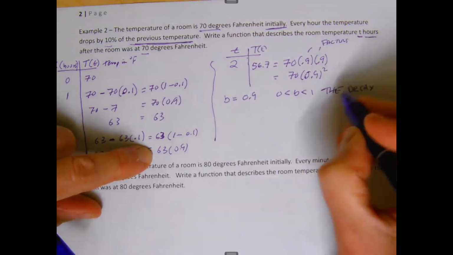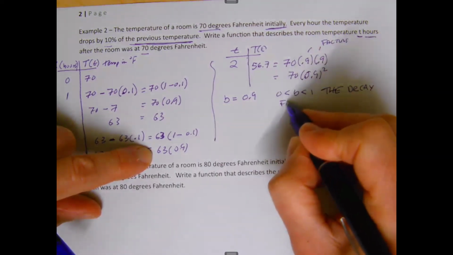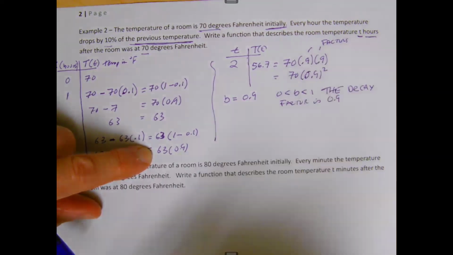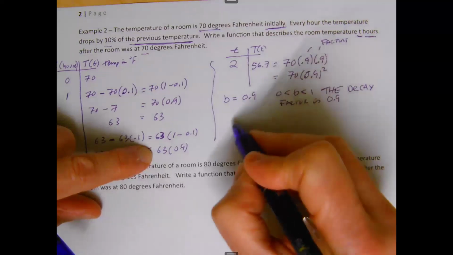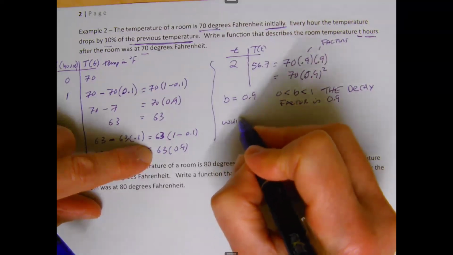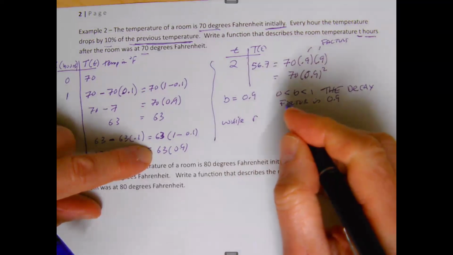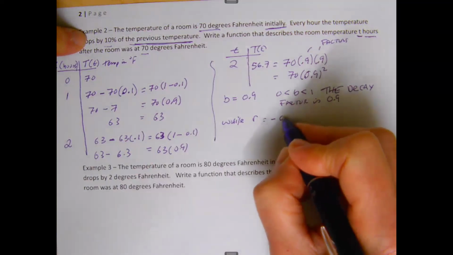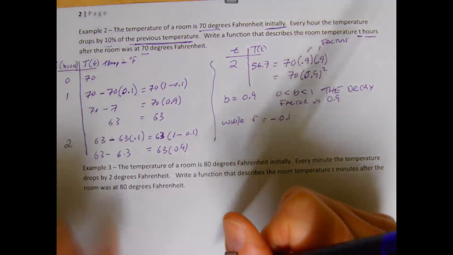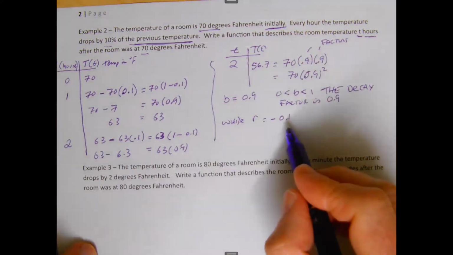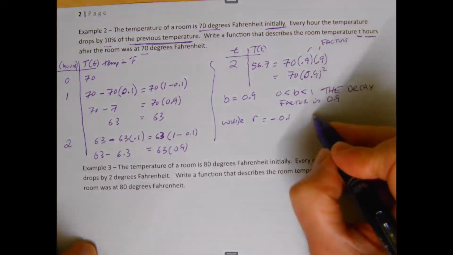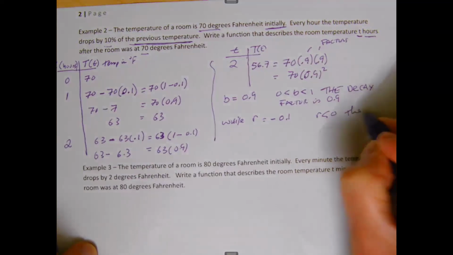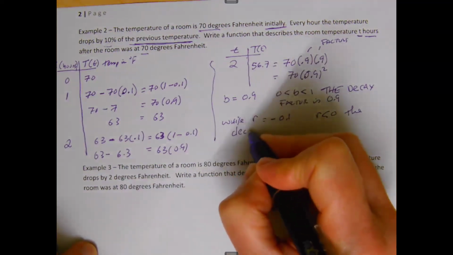The decay factor is 0.9. While R, in this case, we're dropping by 10% every time, so R is negative 0.1. Because I'm dropping, R is less than 0. So this must be the decay rate.